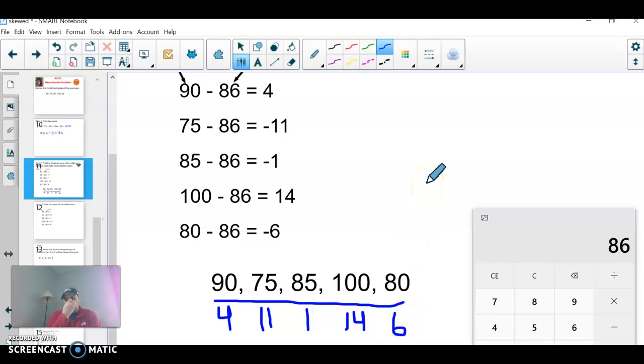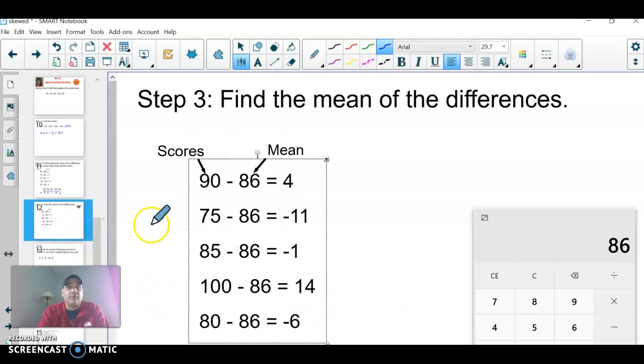So now I have my new set of numbers down here. And step 3, guess what I'm going to do with that new set of numbers, the deviation. I'm actually going to find the mean again. So find the mean of the differences.